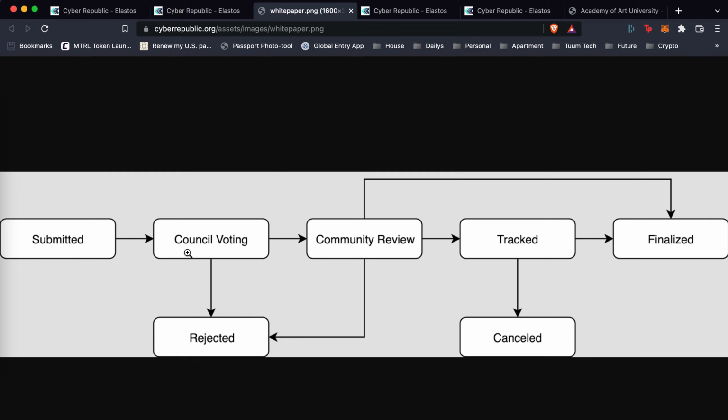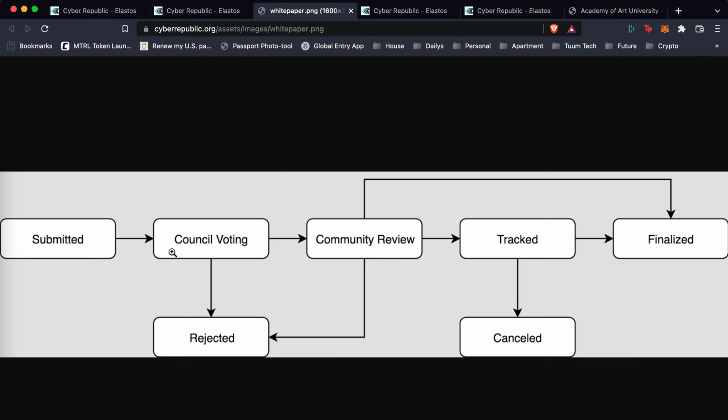So the next status in this process is council voting. This is basically a proposal that has been recommended by a Cyber Republic council member and is in the voting period. So this kind of proposal contains two signatures: the signature of the proposal owner, whoever submitted the proposal, and the signature of the person who recommends the proposal. This is one of the 12 council members.